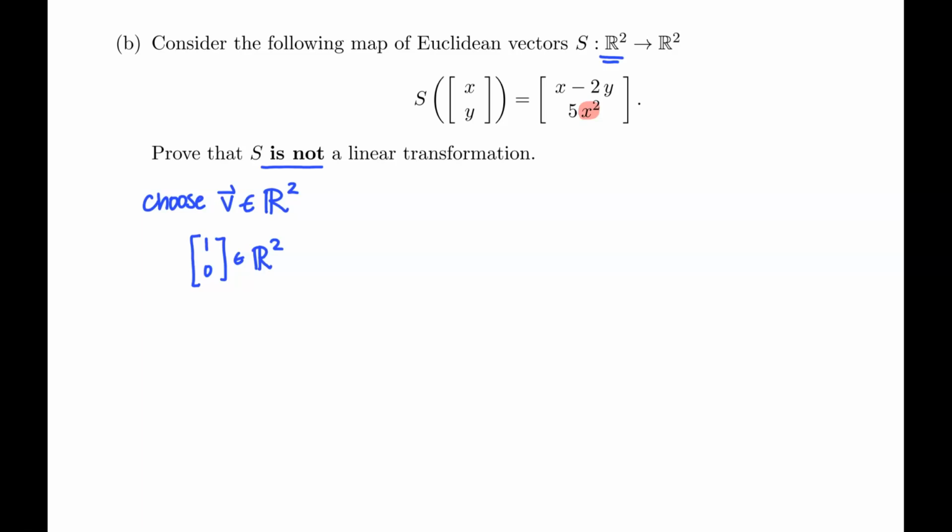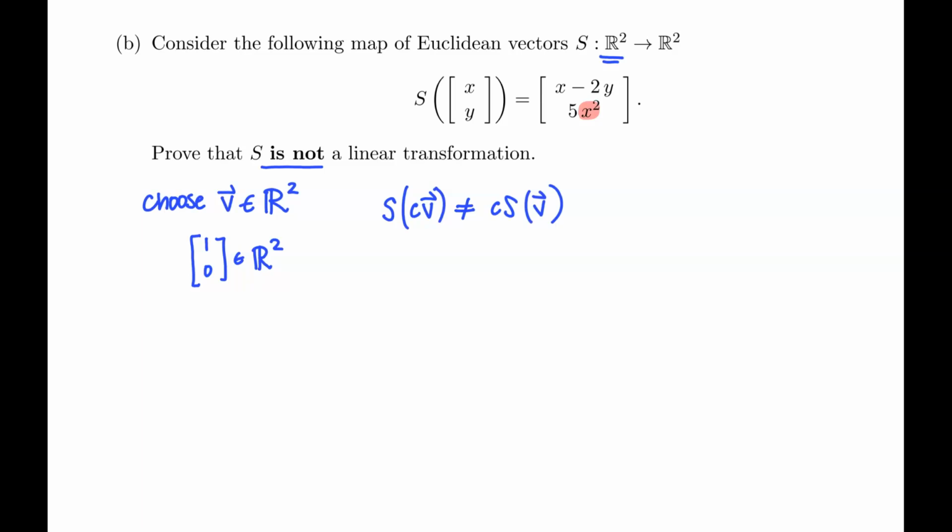But anyways, our goal is to show that if we do scalar multiplication first, if I take some c times v, it matters whether I do that linear transformation before or after. I want to show that these two things are not equal.